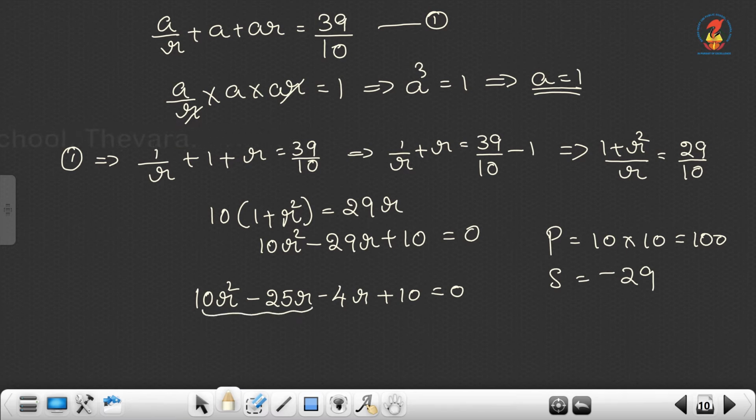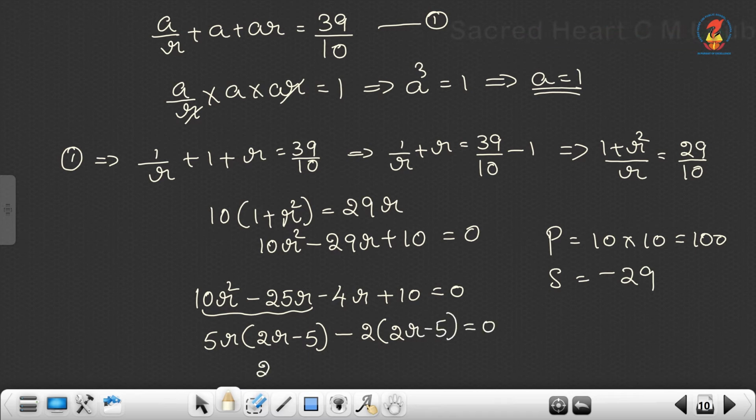From these two terms we can take 5R outside. So, 2R − 5, and from the other two, −2 we can take. So, 2R − 5, which implies (2R − 5)(5R − 2) = 0.